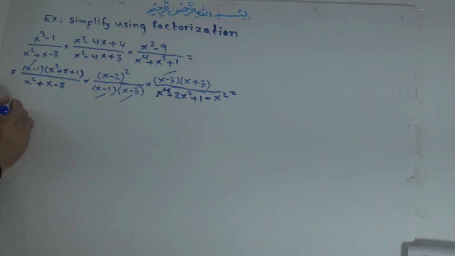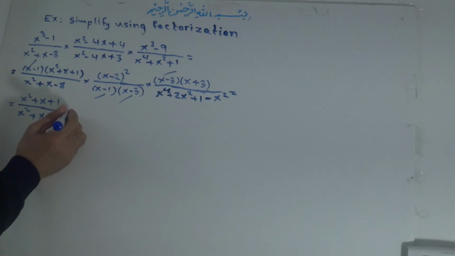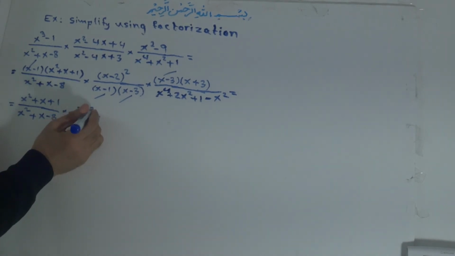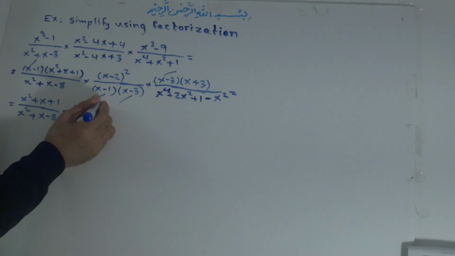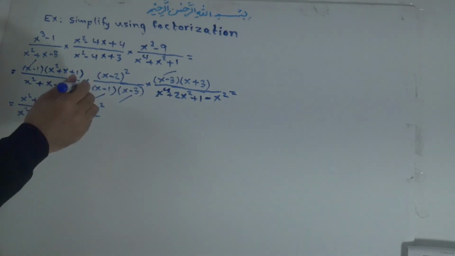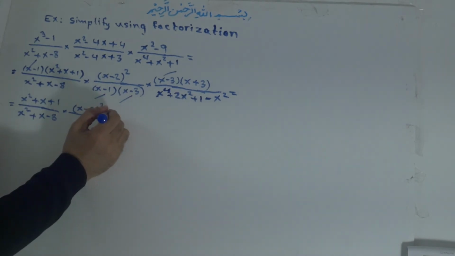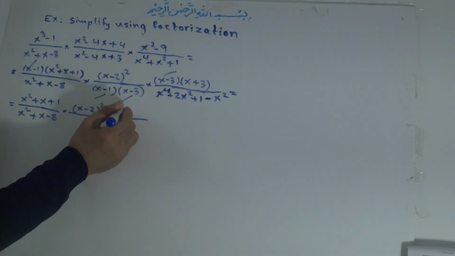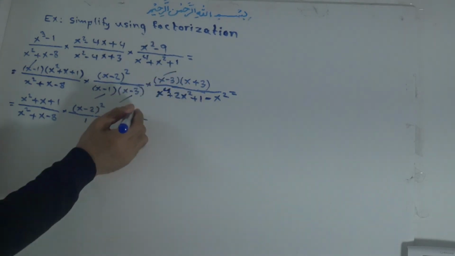The remaining x to the power of 2 plus x plus 1 over x to the power of 2 plus x minus 8, here times x minus 2 to the power of 2, over, here is nothing because 1 and 1 become 1, times x plus 3, here only remaining.